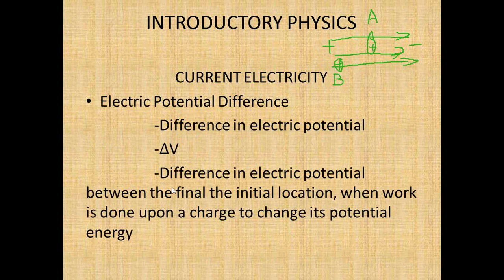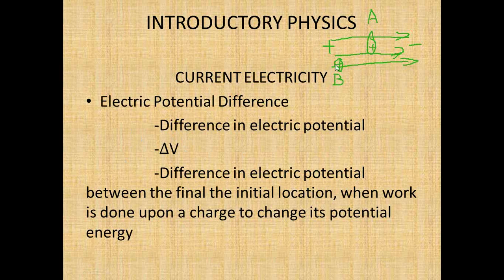So the difference in the electric potential between the final and the initial location, when work is done upon a charge to change its potential energy, that is what we call the electric potential difference. We denote electric potential difference as delta V. It is the work done in moving your positive test charge from this location to this location.